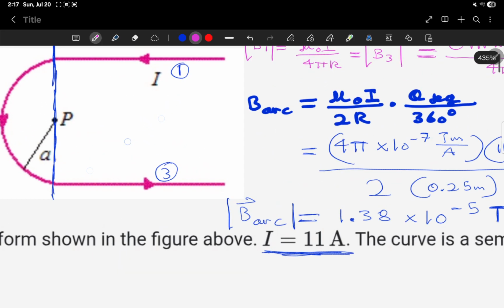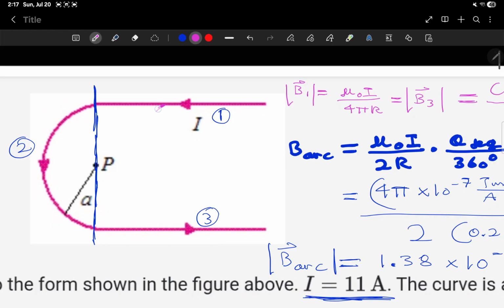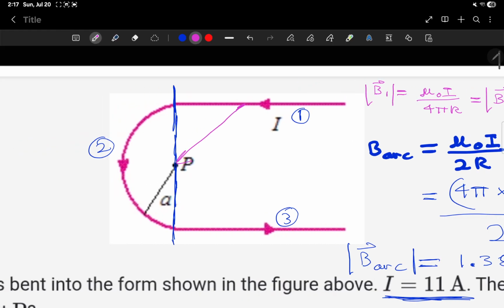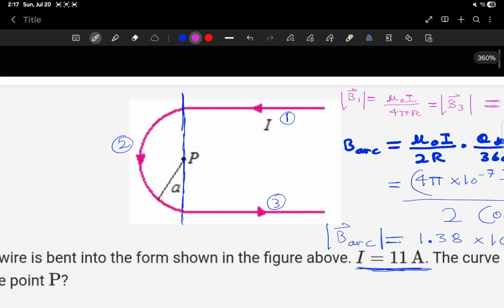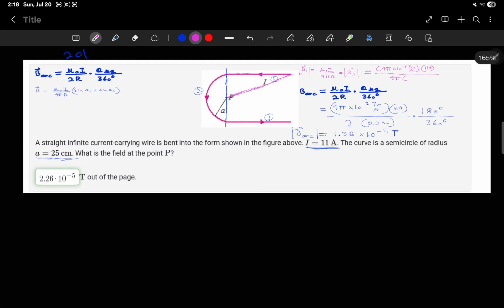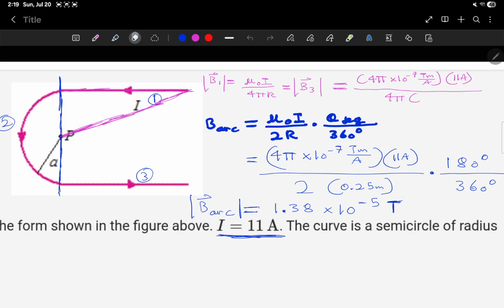What's the radius? The radius, or the distance from this segment to point P, is given by, let's see, I'll draw a triangle here from point P. So actually forget that.